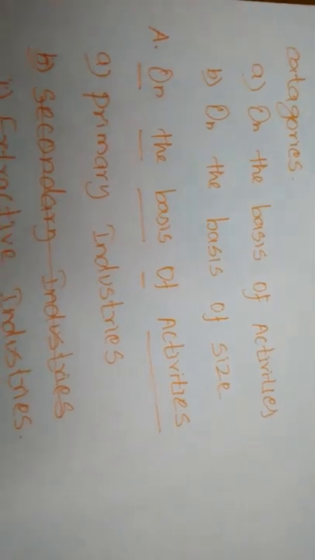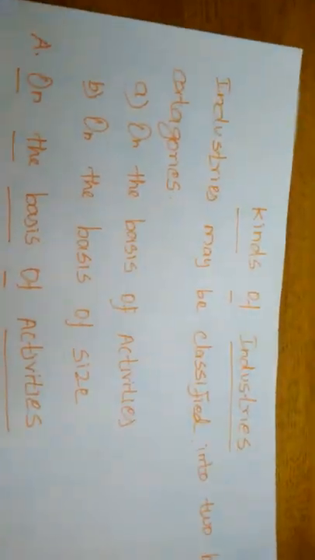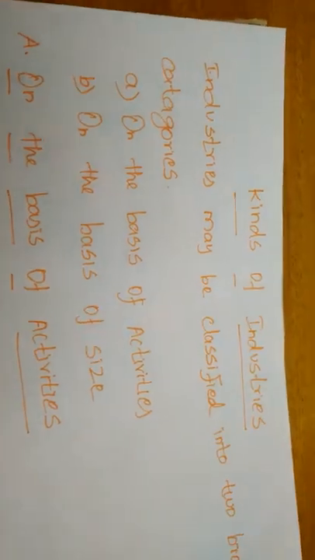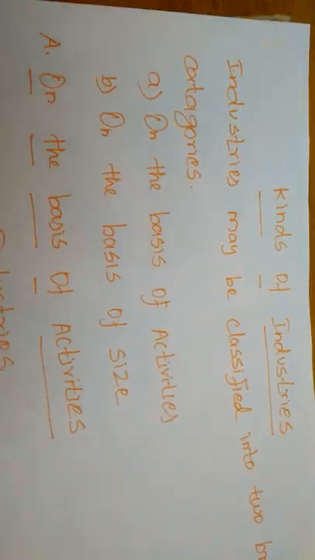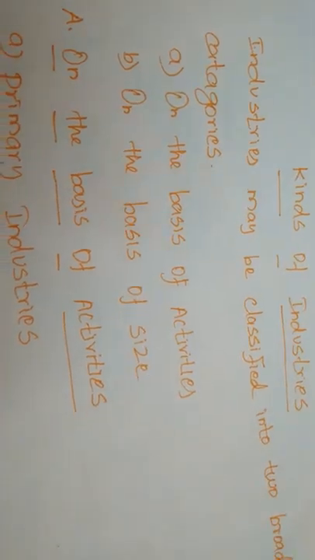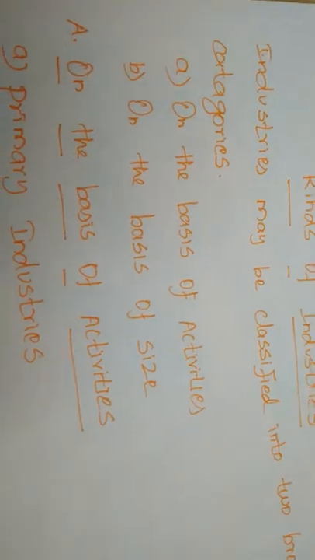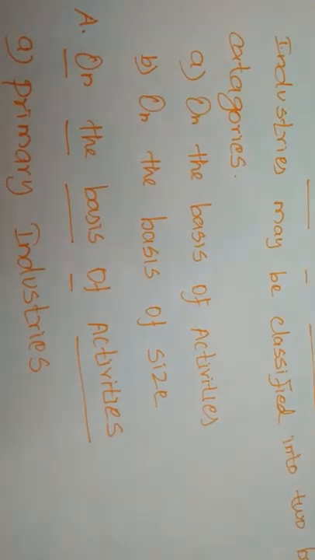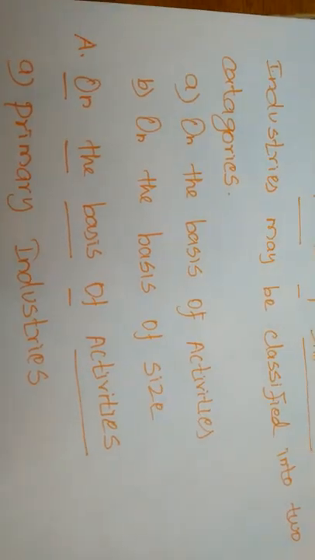Good. Now we will go to the study of the kinds of industries. Industries may be classified into two broad categories: on the basis of activities, and on the basis of size.